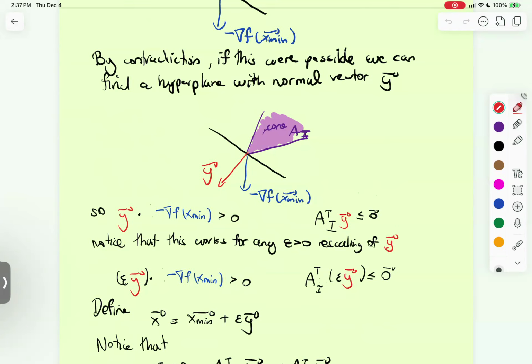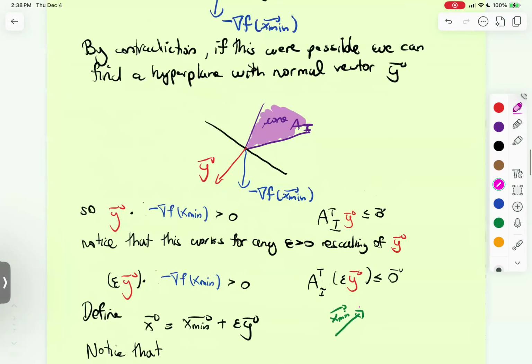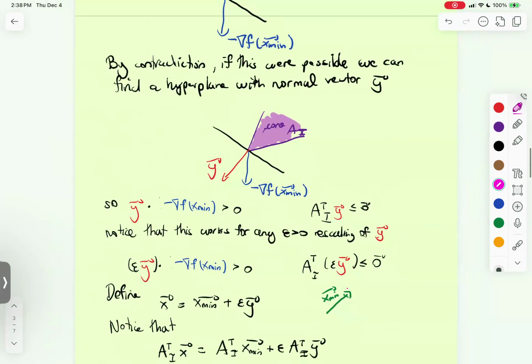But my goal, again, we already knew that this is in the convex set. Epsilon y can be anything, so I don't know where it is. But if you define x this way, just to make a picture, this is the place of x mean, and then epsilon y, it's like the parallelogram law for adding vectors.